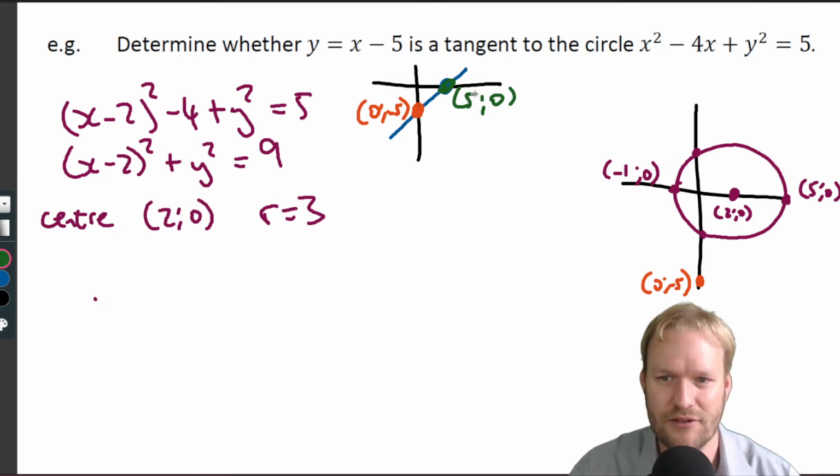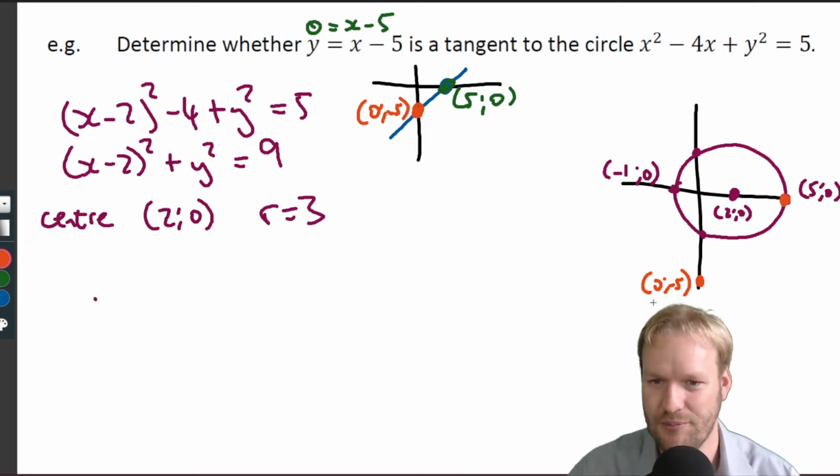It must be 5, 0, that fits in with our gradient. You could substitute if you wanted to: 0 equals x minus 5, so x must be 5 for the x-intercept. So therefore, this line is going to go through that point as well.